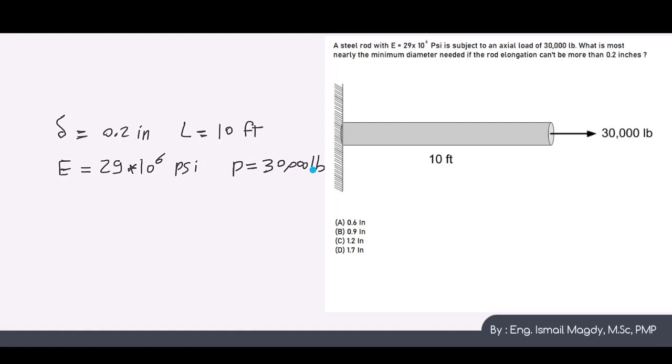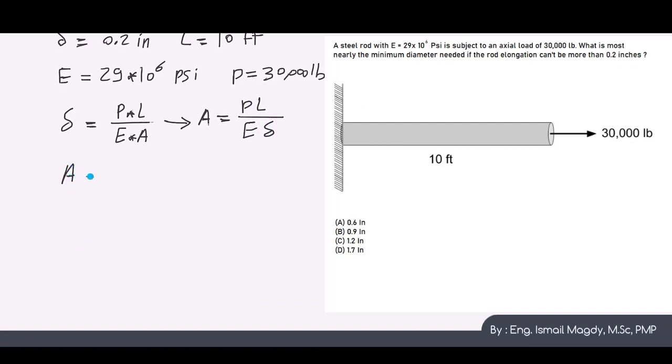So we will start by directly applying the equation of delta, which is delta equals P multiplied by L over E multiplied by A, which is Hooke's law. So this is just a direct equation. Based on that, we can calculate that the area equals PL over E delta.